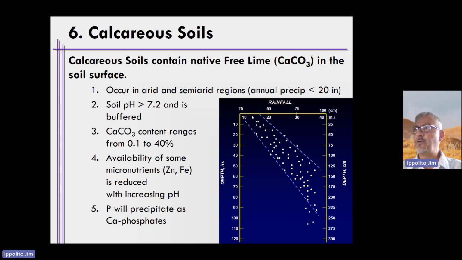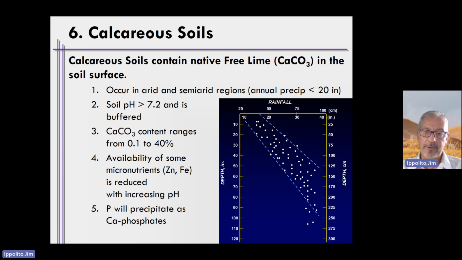In soils that don't receive a lot of rainfall, oftentimes what you find in the soil surface is primary minerals, like primary calcium carbonate. These are minerals that were initially present when the soil formed. As weathering occurs, those forms of calcium carbonate dissolve and are moved down and reprecipitate as secondary calcium carbonates.